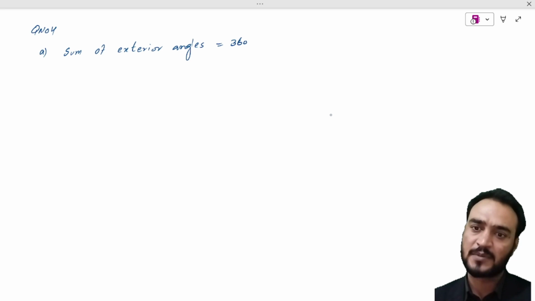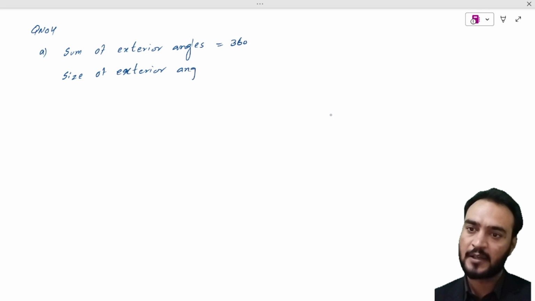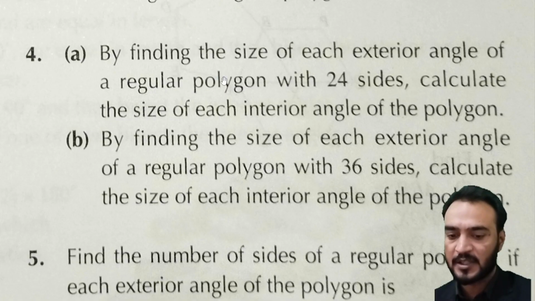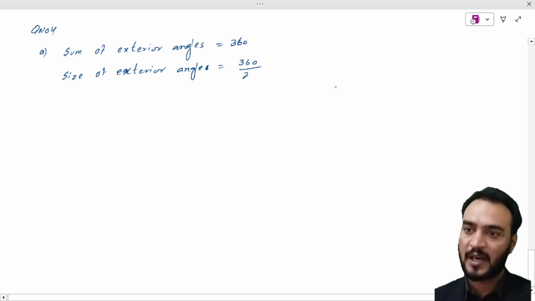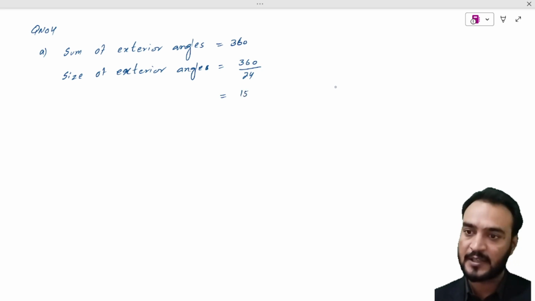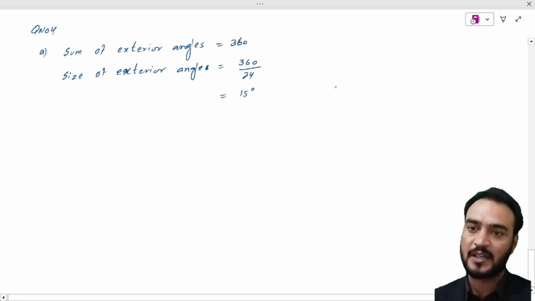The size of each exterior angle is obtained by dividing the sum of exterior angles by the number of sides the polygon has, and this polygon has 24 sides. So we divide 360 by 24. Dividing 360 by 24, we get 15 degrees. So 15 degrees is the size of each exterior angle of a 24-sided polygon.